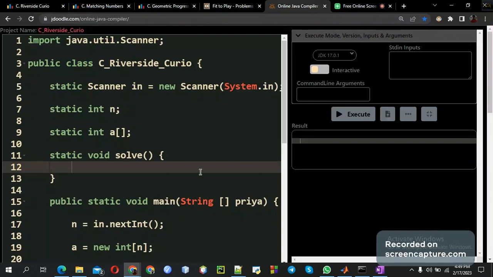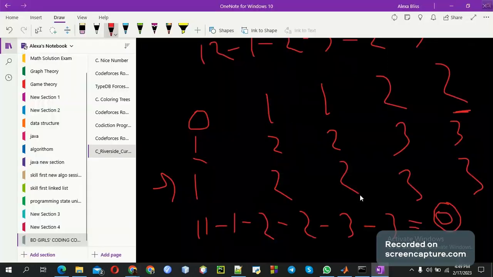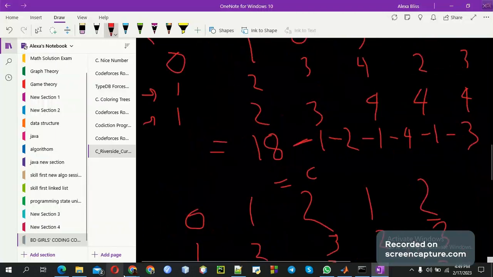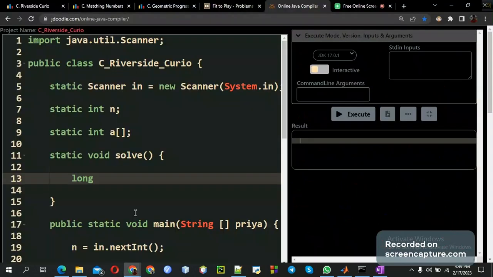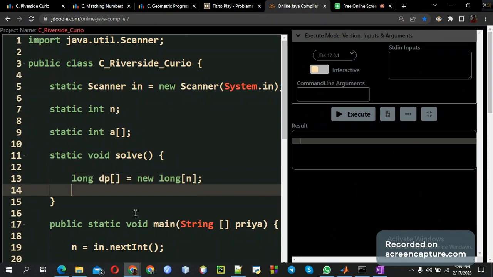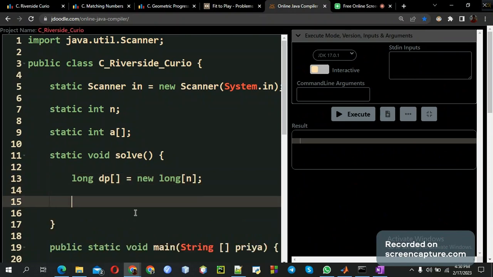What we will have to do first, we will have to detect this wanted array. So we will mark it, just for safety, I can take a long variable, dp length as n.